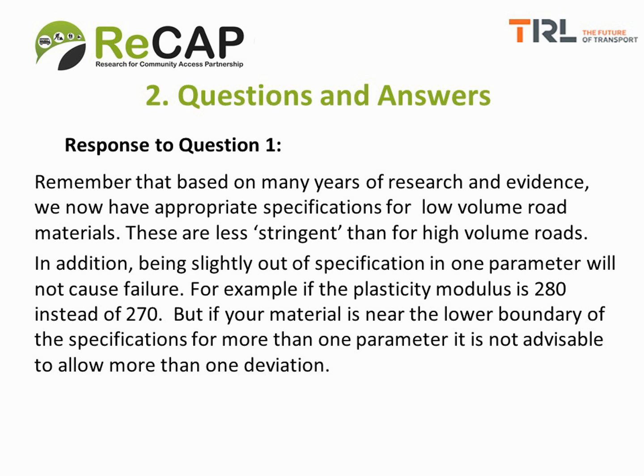But if your material is near the boundary of specifications for more than one parameter, it is not advisable to deviate in all of those parameters. You may deviate in one of the parameters, but deviation in all of those parameters may actually lead to failure.